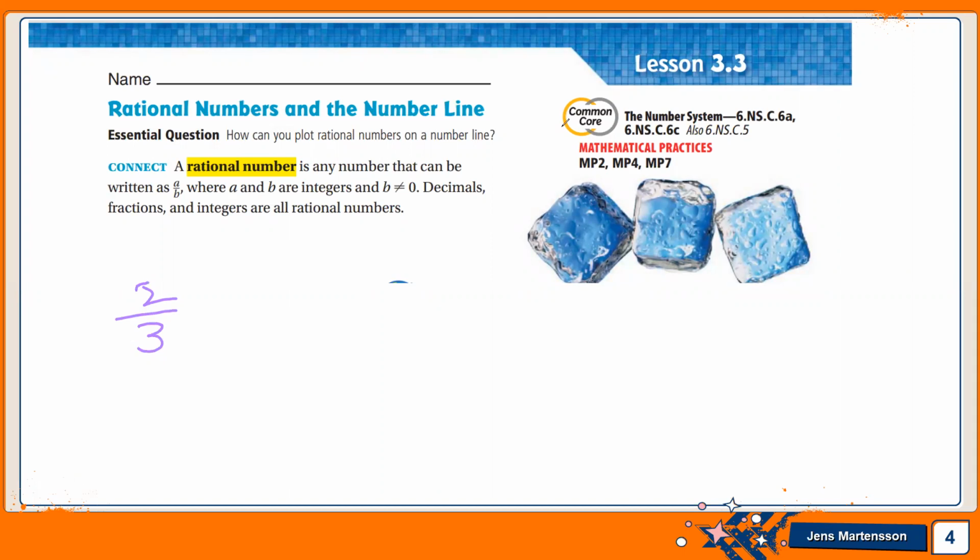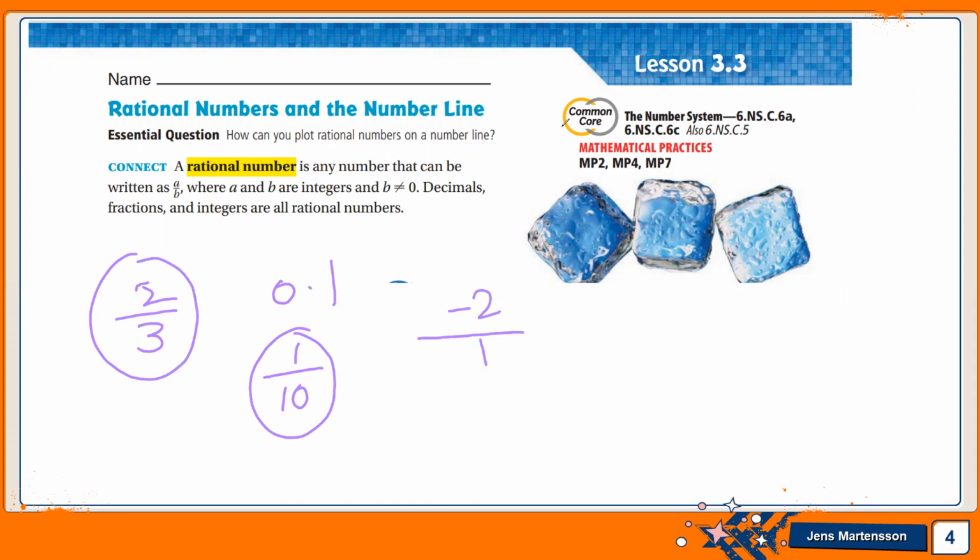This is a rational number, written as a fraction in the form A over B. Decimals like 0.1 can be written as 1 over 10. So this is rational. Negative 2 can be written as negative 2 over 1. So this is rational.